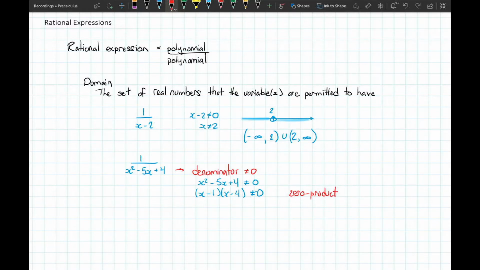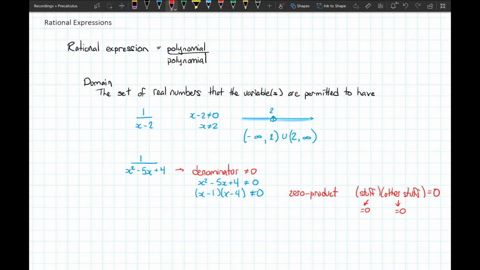The only way that you're going to have stuff times other stuff equal to 0, and I'm not using very technical terms here, but anytime you have multiple factors equal to 0, then one of those factors is going to have to equal 0. There's really no way to have multiple things multiply together to equal 0 unless one or more of the factors equal 0.